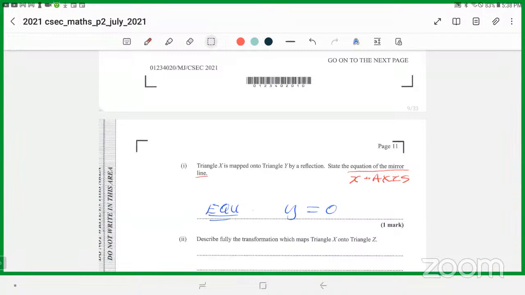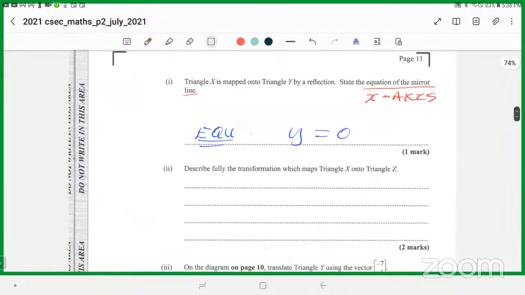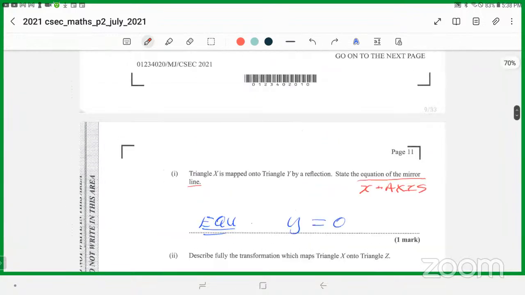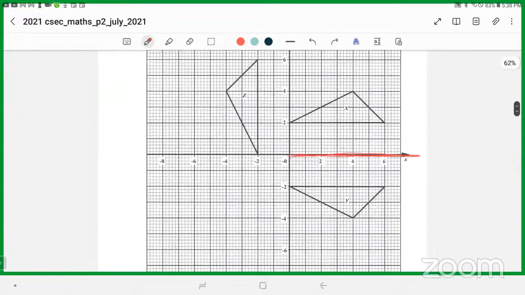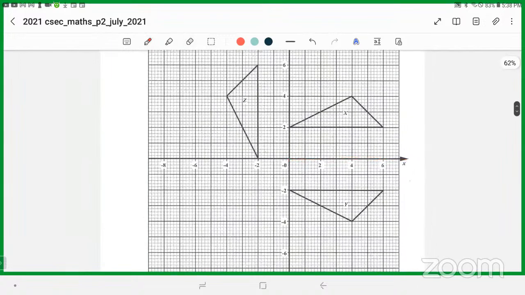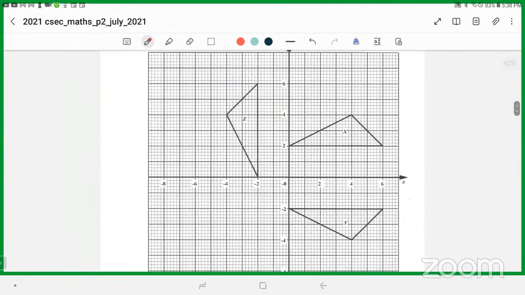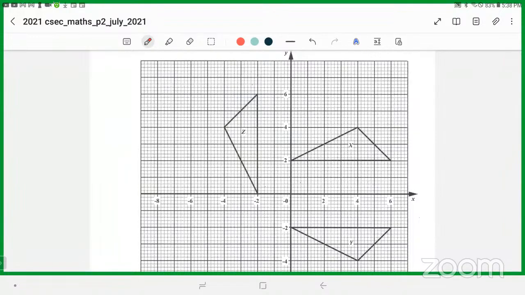Everything important. Next part says, describe fully the transformation which maps X onto Z. X onto Z. All right? Remember, when describing a transformation fully, you give the name and the components. You give the name of the transformation and the components of the transformation. So we're doing from this one to this one. That's pretty obvious. That's a rotation.